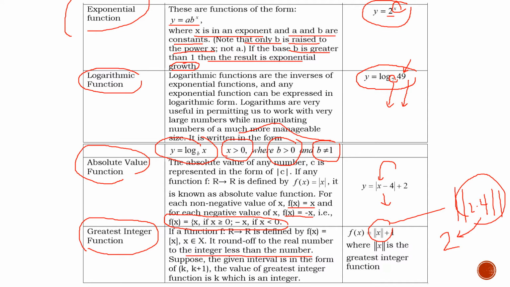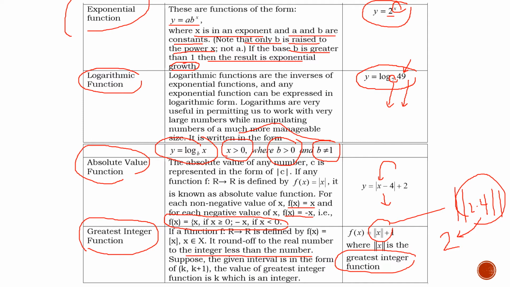So suppose the given interval is in the form of k and k plus 1, the value of the greatest integer function is k, which is an integer. So this double absolute value of x is the greatest integer function. So you need to consider those things. And there's a given pattern.